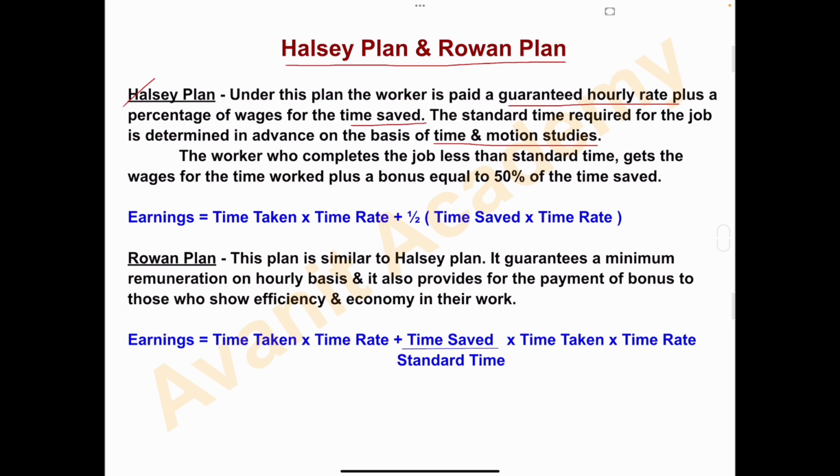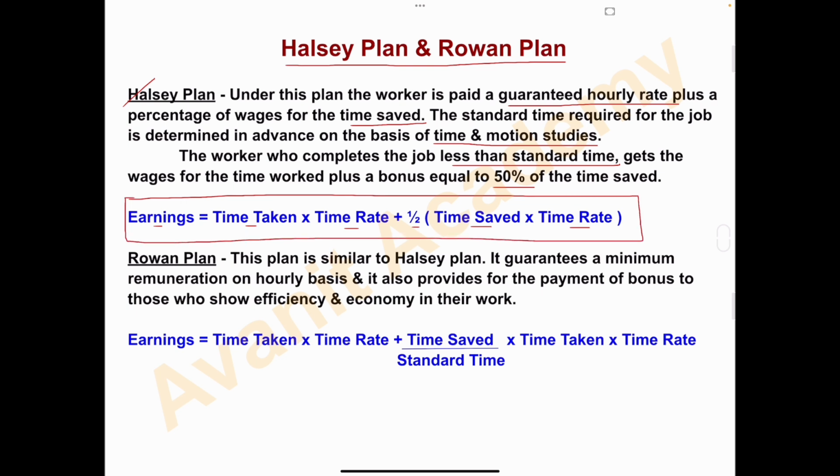The worker who completes the job in less than standard time gets the wages for the time worked plus a bonus equal to 50% of time saved. Here is the formula to calculate earnings of a worker under Halsey plan. Formula is earnings is equal to time taken into time rate plus half of time saved into time rate. So this is the formula to calculate earnings under Halsey plan.